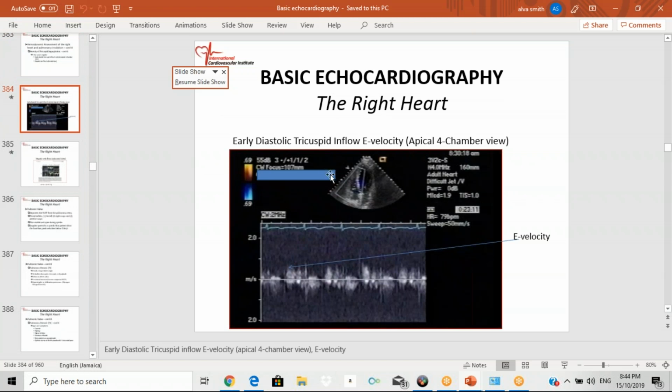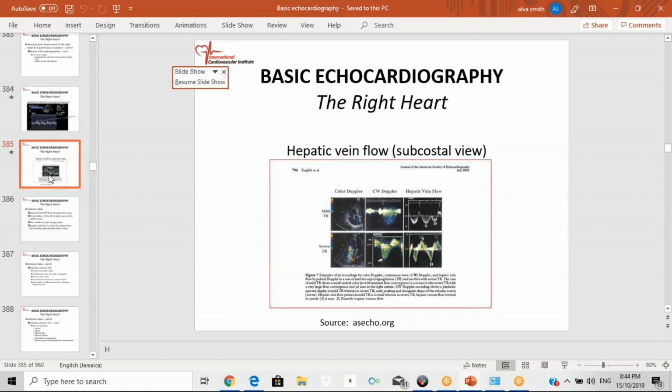All right. This is your tricuspid inflow. Remember what we said, the velocity is usually less than what you see across the mitral valve. So again, you cannot mention significant TR unless you get hepatic vein flow reversal.